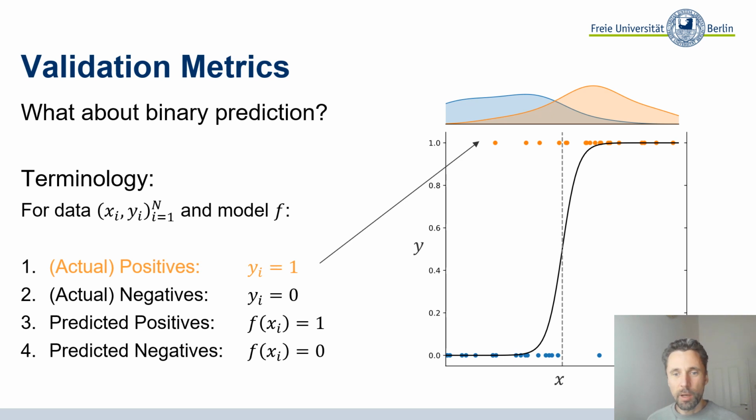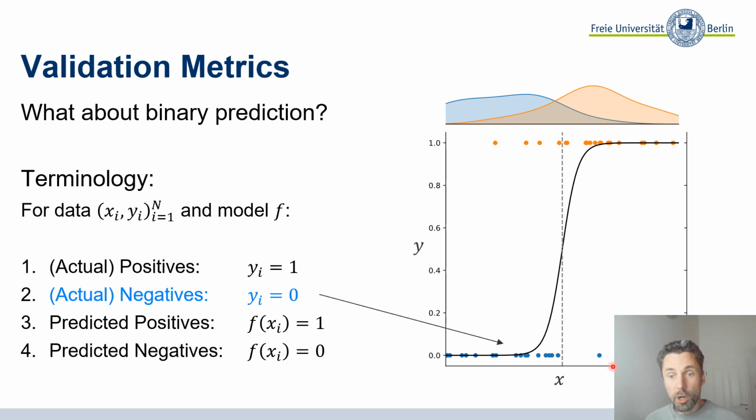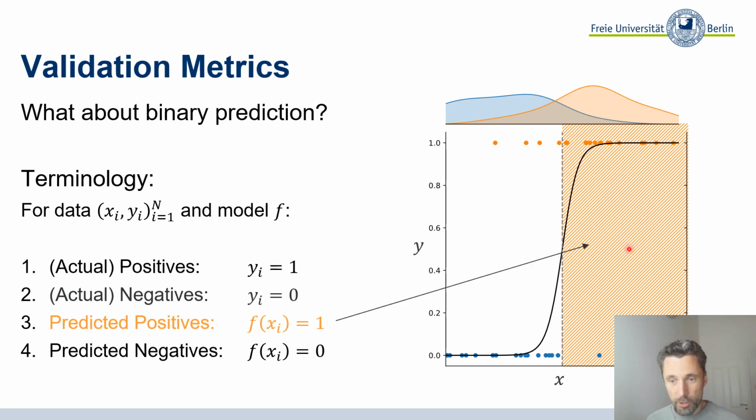Looking at this model and the data, there are 4 things that we want to look at. One is which are the actual positives, so these are all data points that have the label 1. Which are the actual negatives? So those data points with label 0. And since we do have a classifier, it returns a 1 for values whose probability is above 0.5, the threshold.